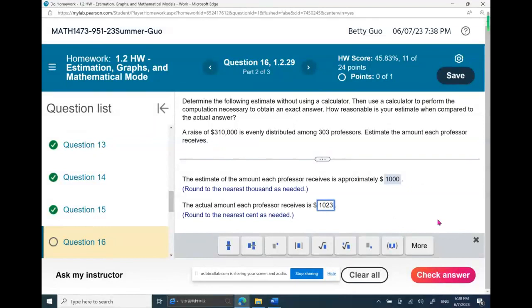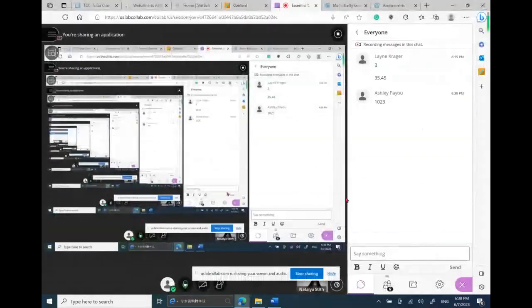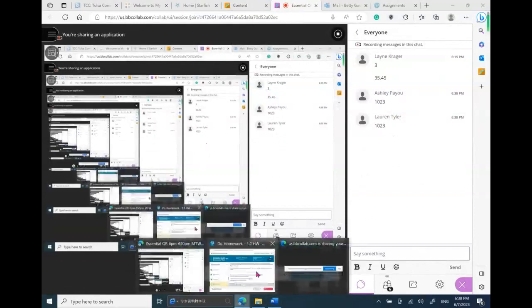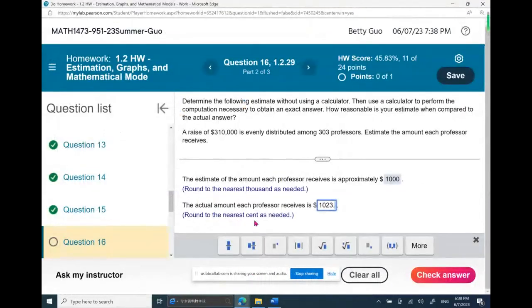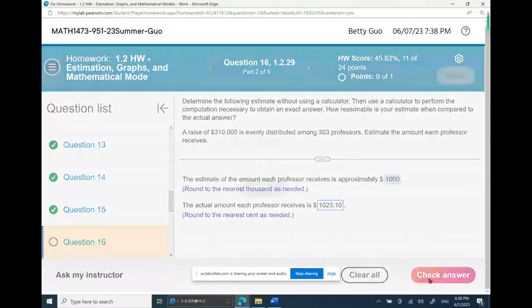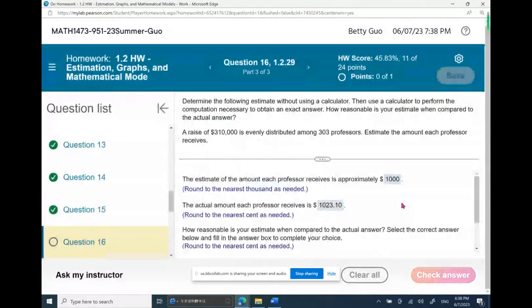How do you round it? The nearest cent. Did it say nearest cent? Round to the nearest cent as needed. Do you agree, guys? It doesn't say nearest dollar, it says nearest cent. All right? Yeah, nearest cent.